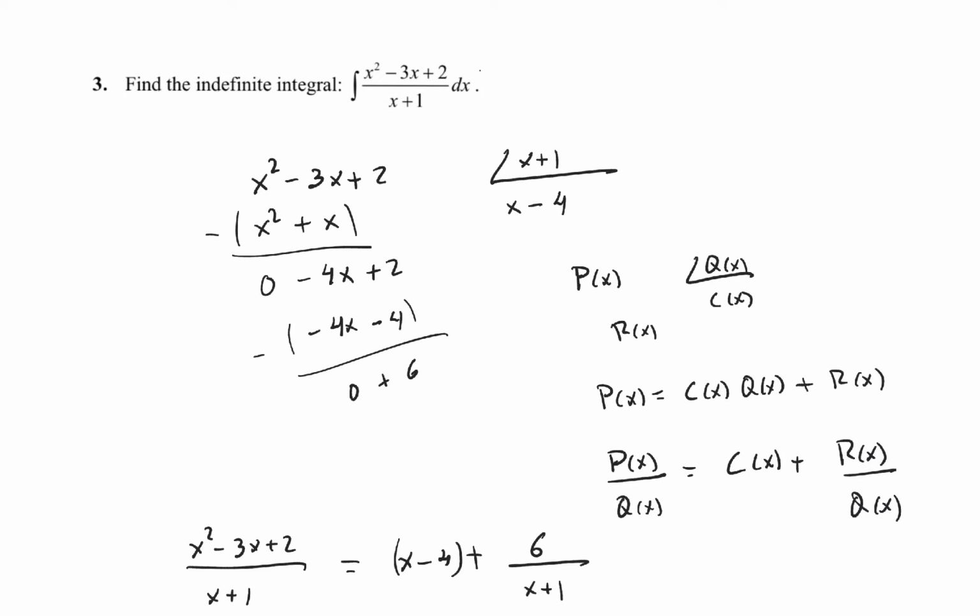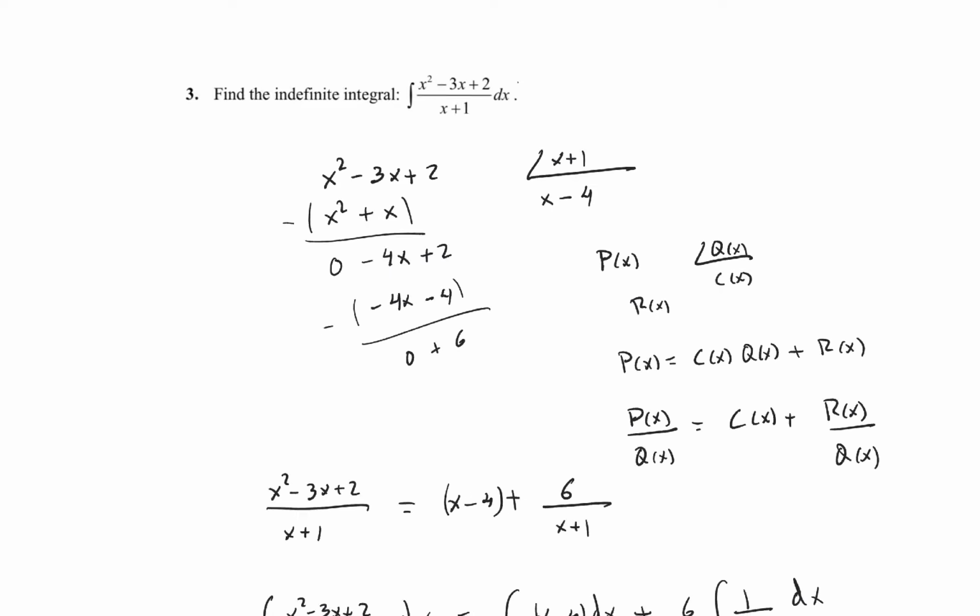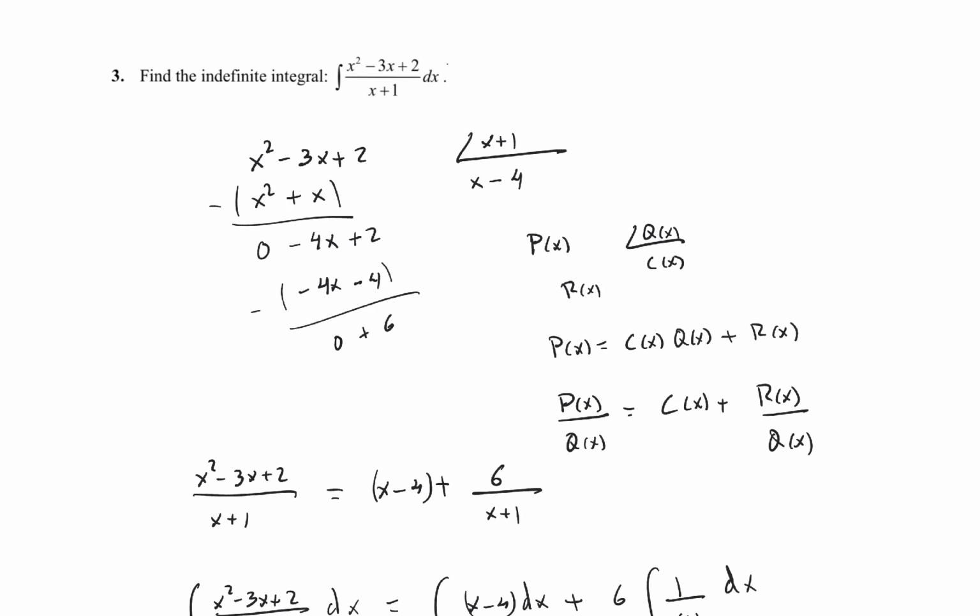Okay. The third problem is find the indefinite integral of x squared minus 3x plus 2 divided by x plus 1. This is the division of two polynomials. We can use long division to do the division of two polynomials. And in general, the division of two polynomials is not a polynomial. It's a rational function.